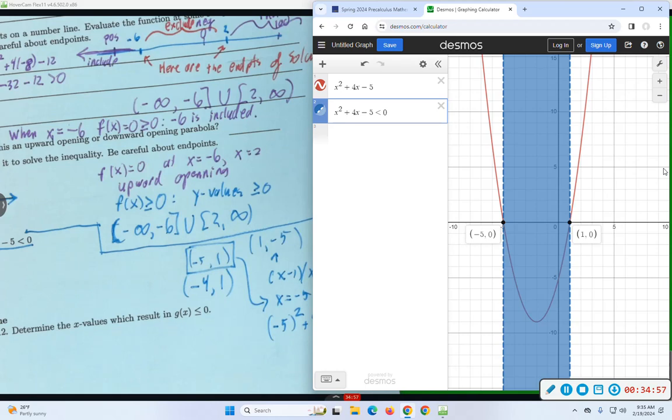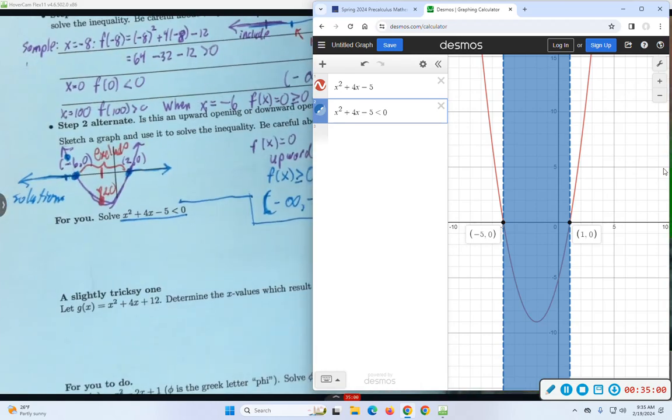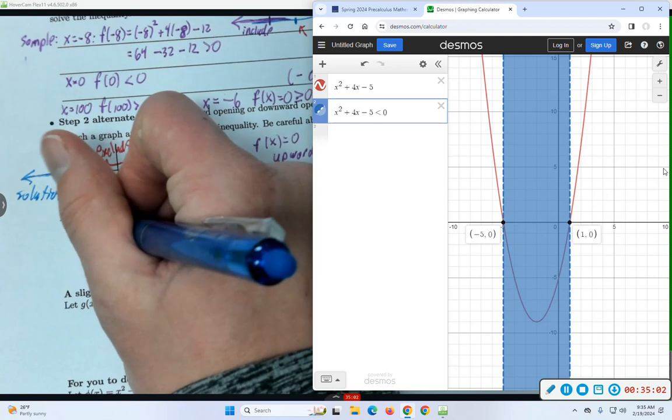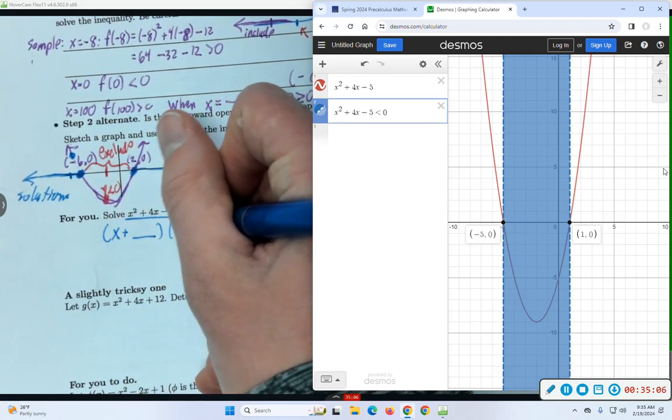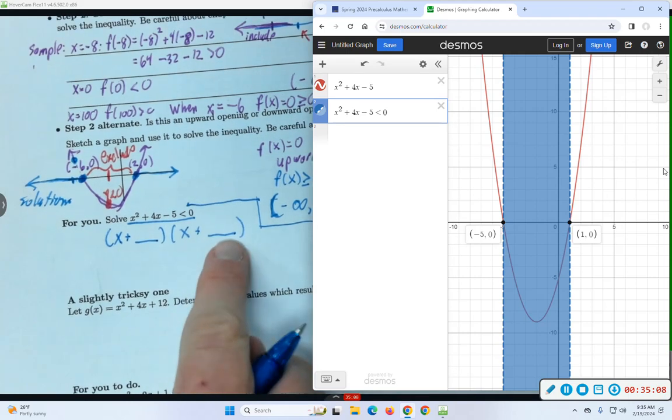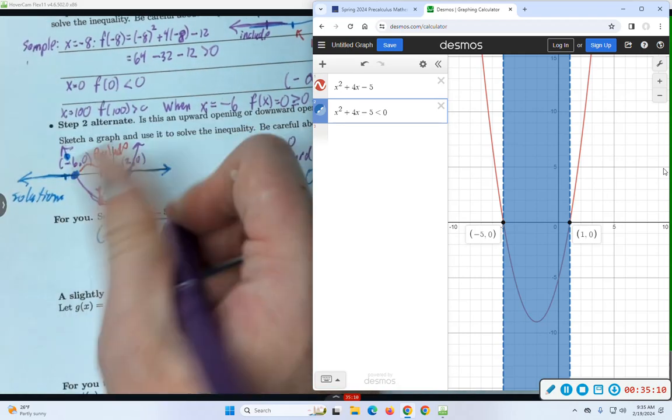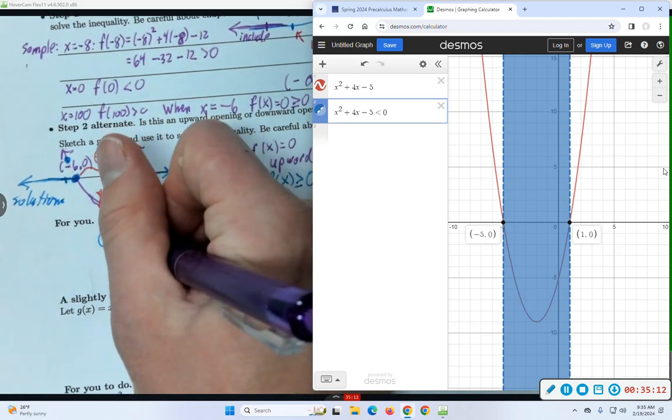Cool, let's play the factoring game. So let's see, if I want to factor this, I want to factor it as x plus something times x plus something. Those two things need to multiply together to be -5.